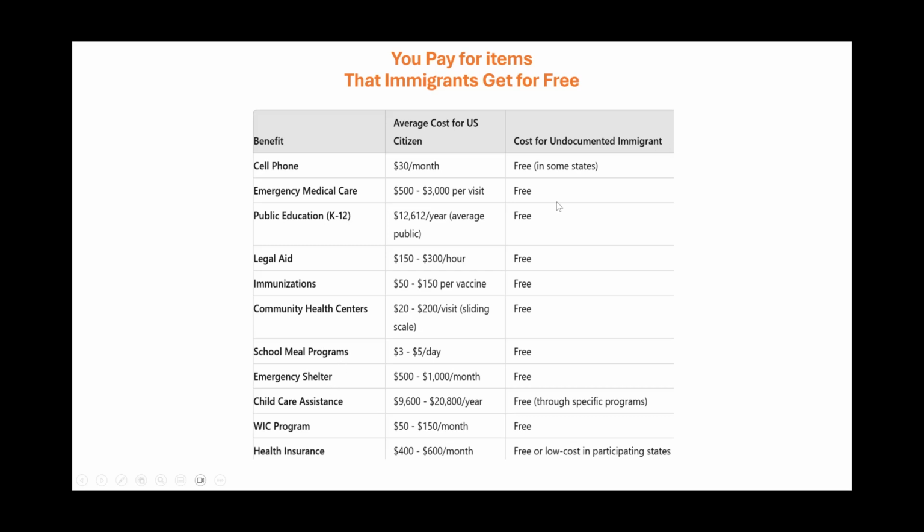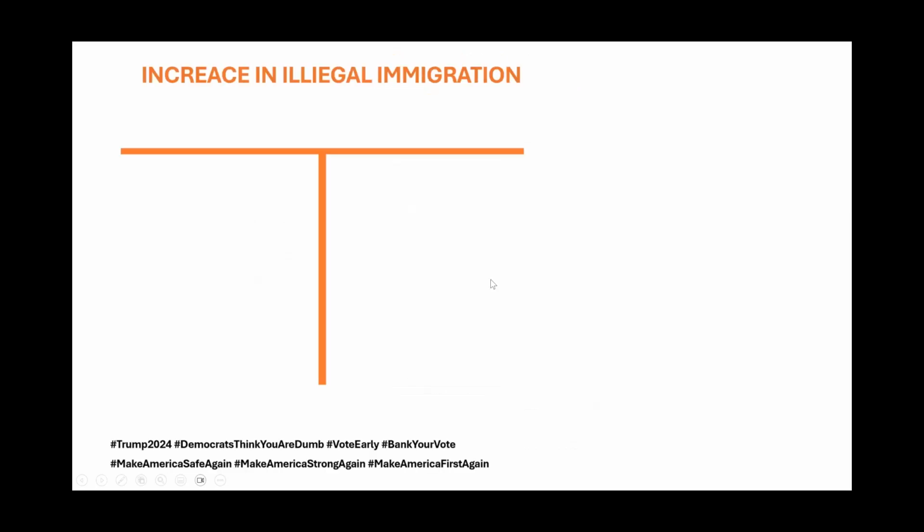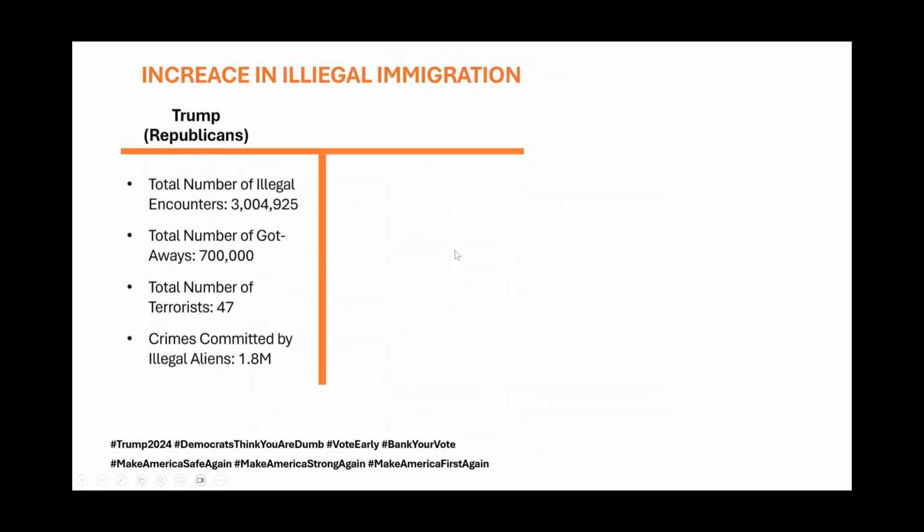Under the undocumented immigrant plan of the Democrats, they're receiving a lot of benefits for free. There's not only encouragement, but this is putting people at the front of the line receiving free benefits that average citizens are paying for. And so what do you get by those kinds of policies?